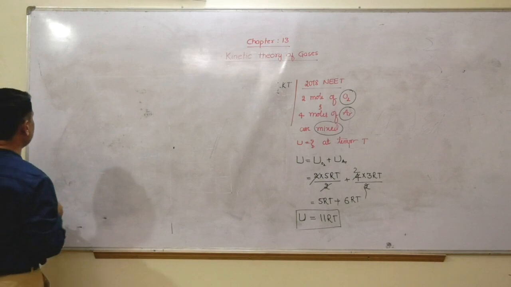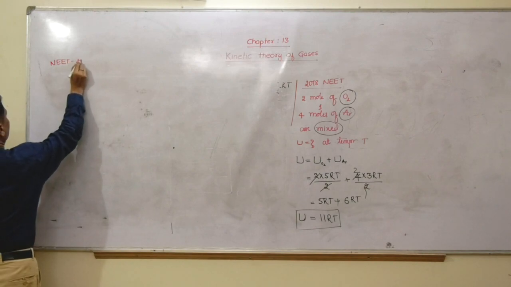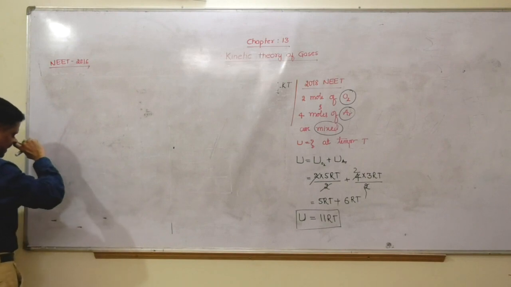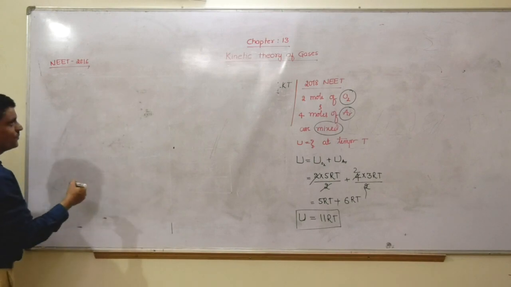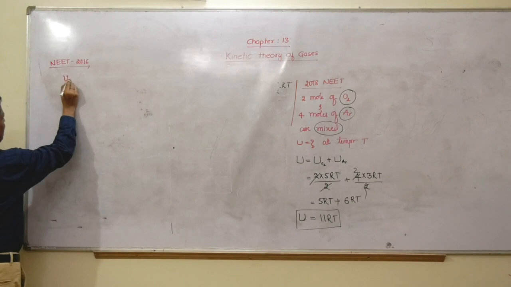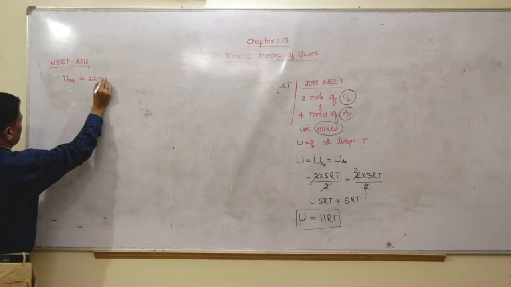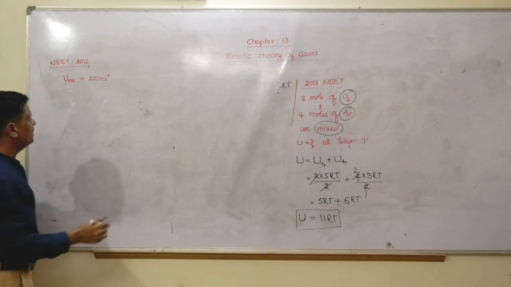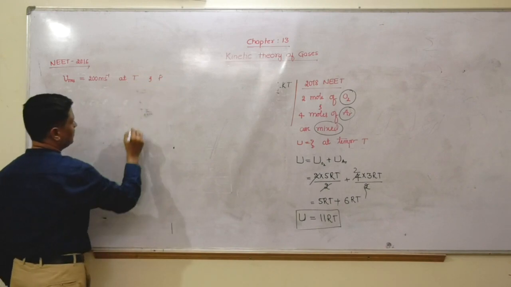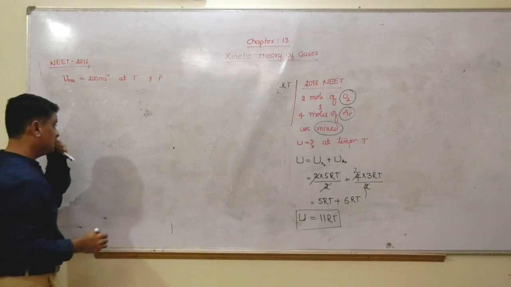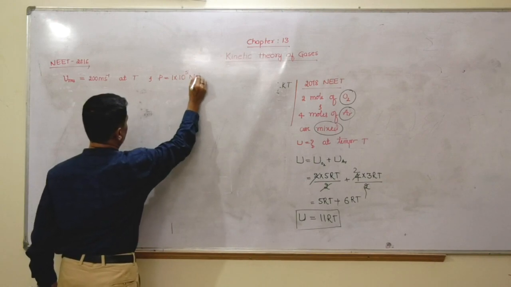See 2016 NEET. There was a question on VRMS of a gas is 200 meter per second at temperature T and pressure P. That P is equal to, say, normal pressure 1 into 10 to the power 5 Newton per meter square.